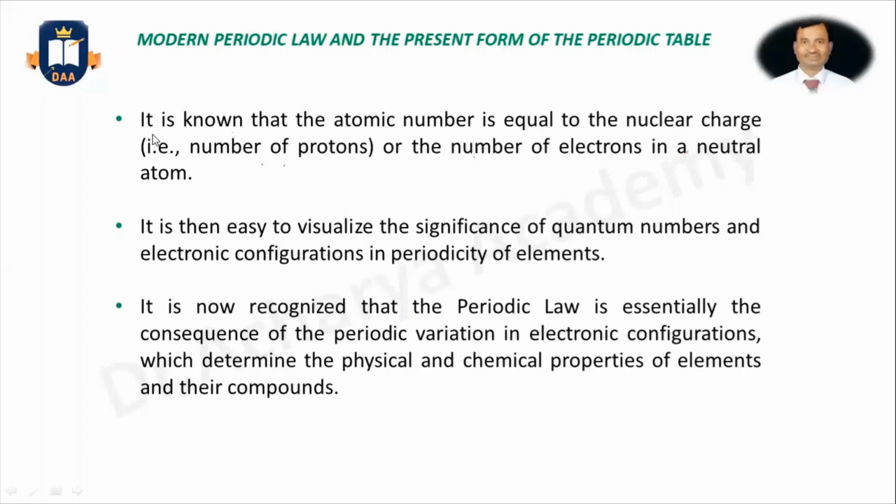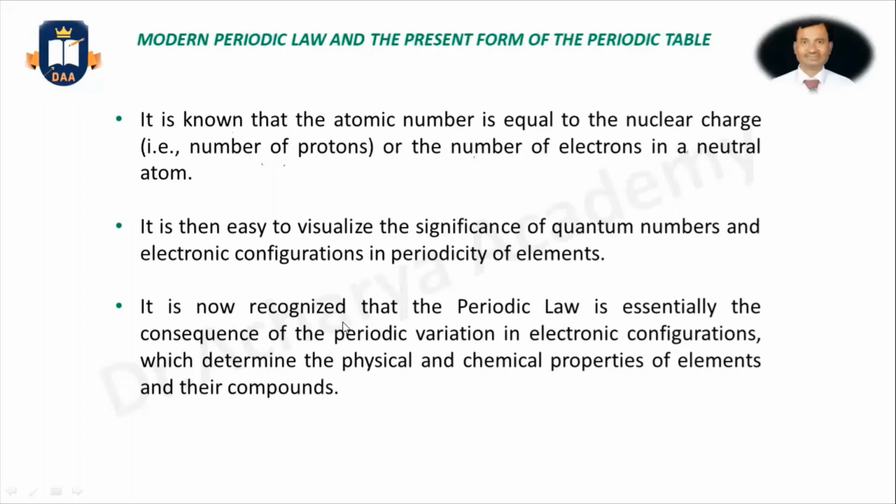I already told that the atomic number is equal to the nuclear charge, that means the number of protons or the number of electrons in a neutral atom. And we know from the previous class, in unit number 2, that this number of protons or nuclear charge is related to the quantum numbers and electronic configurations in periodicity of elements.